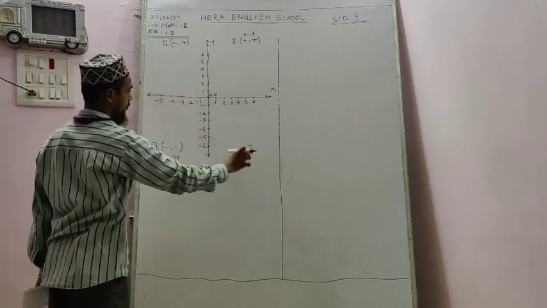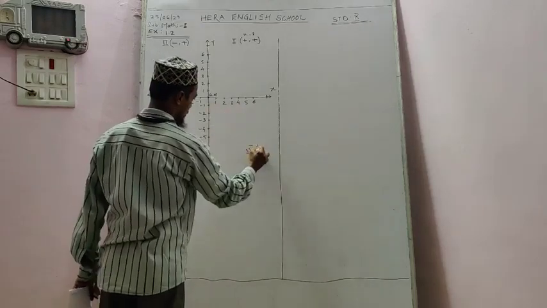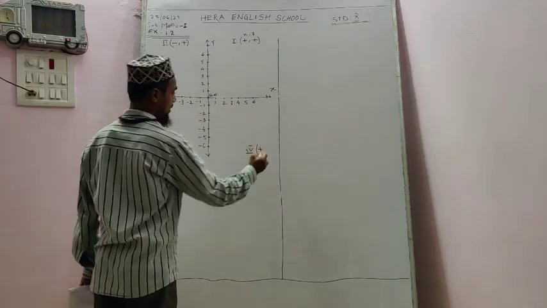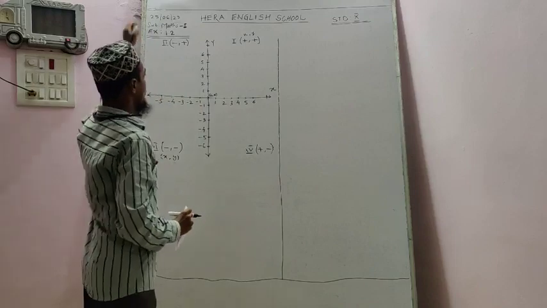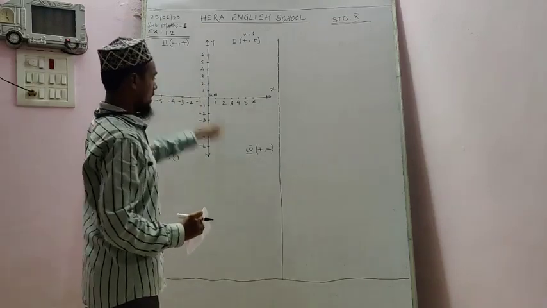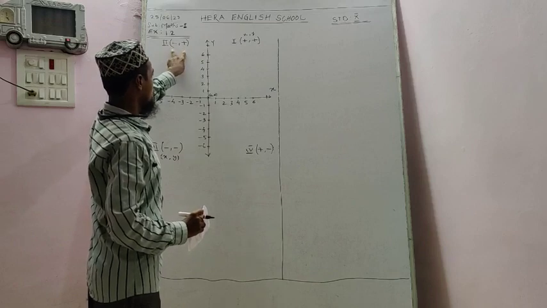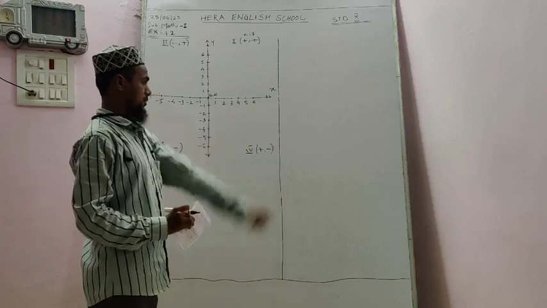Opposite to this, in the fourth quadrant we have the value of x positive, and the y value negative. I think you got it. The second and fourth quadrants are opposite: here x is negative, y is positive. Opposite to this, in the fourth quadrant, x is positive, y is negative.